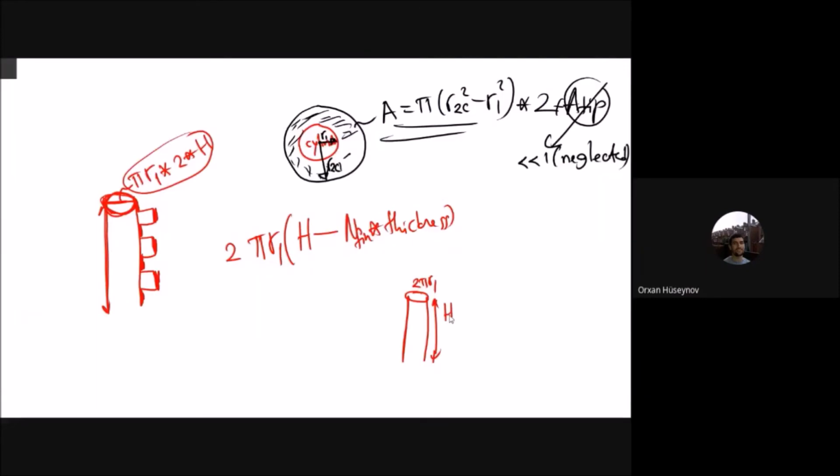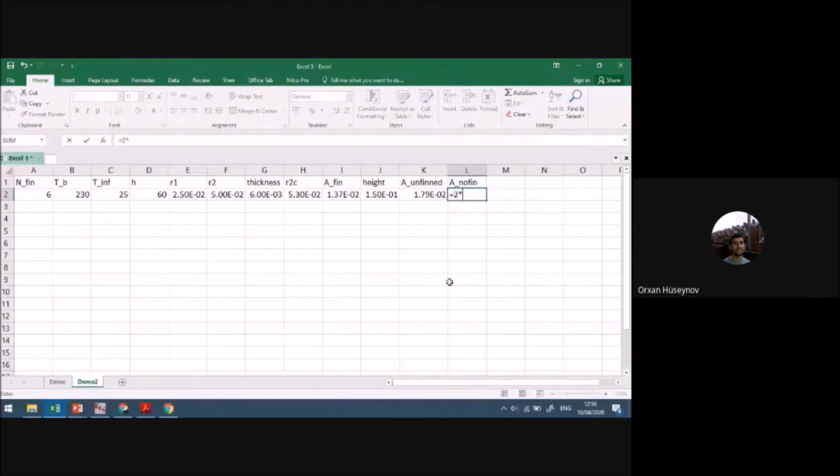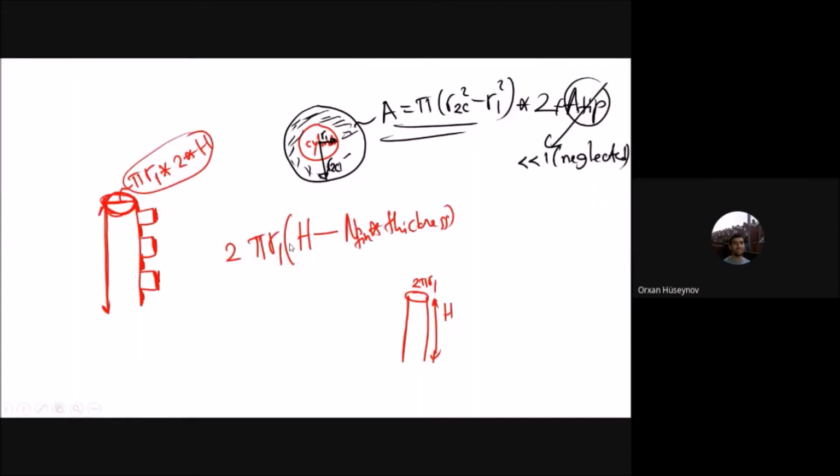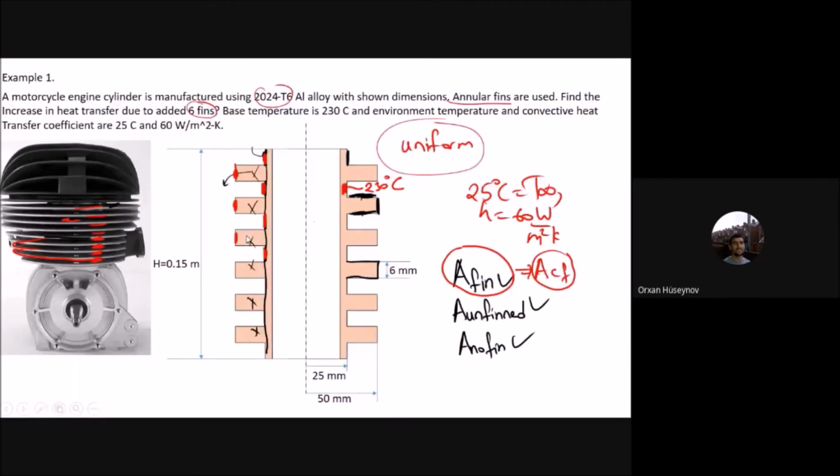It will be 2 into pi into R1 h. Yeah, this is the total area. So we have 3 areas, and now it is time to calculate the heat transfer from those areas.